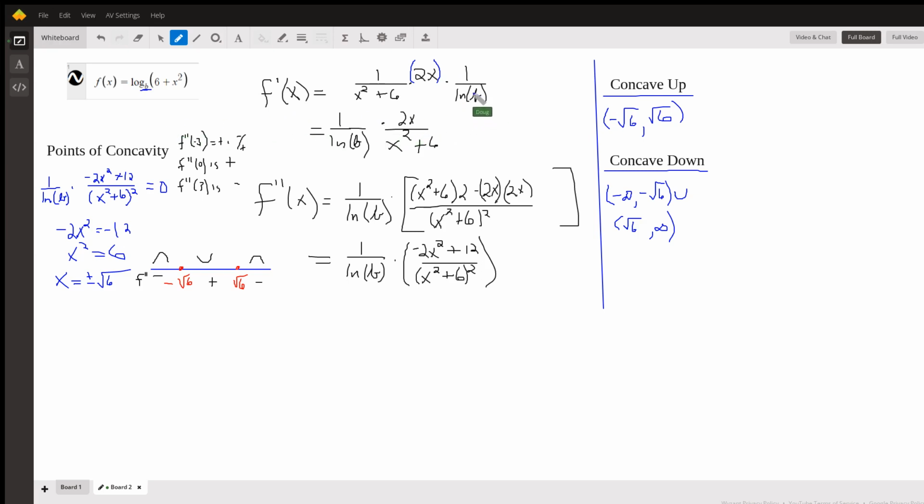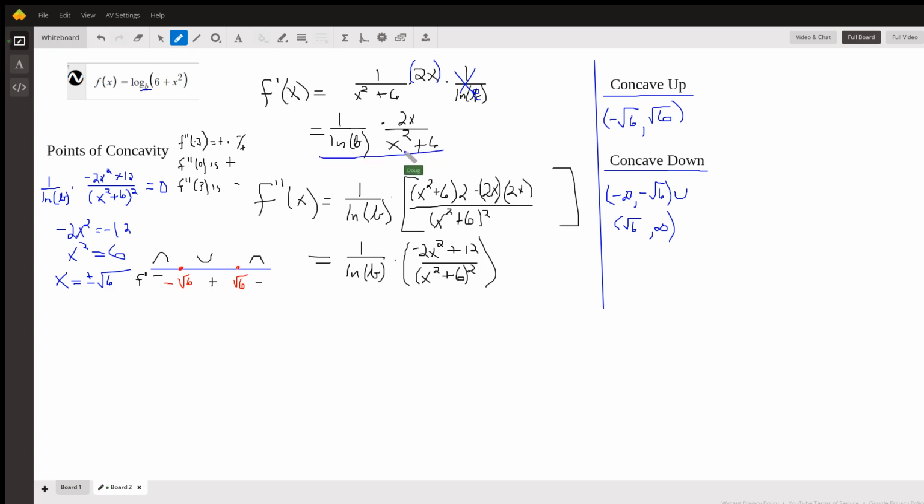Notice that when this is really an e, ln of e is 1, so this part disappears. But for any other base, you have to keep that if you want the correct form for the derivative. So there's the first derivative right there.